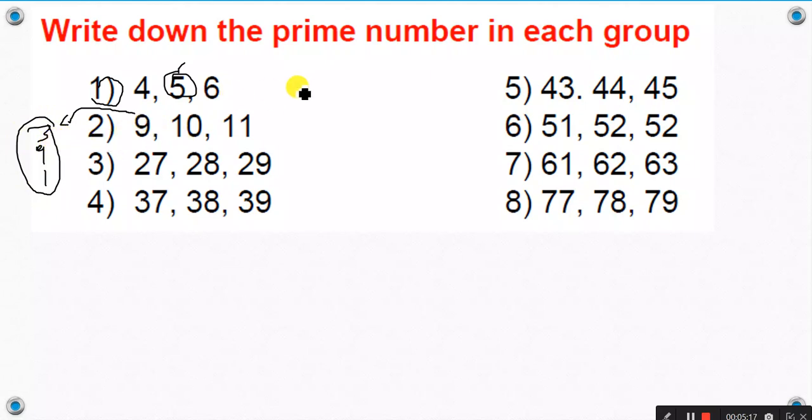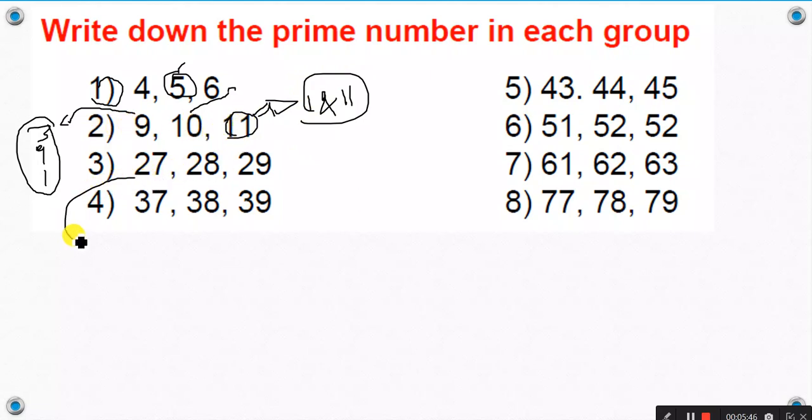A prime number has only 2 factors, 1 and itself. 10 is also divided by 5, so it is not prime. But 11 is prime because it is divided only by 1 and itself. So from group 2, 11 is prime.